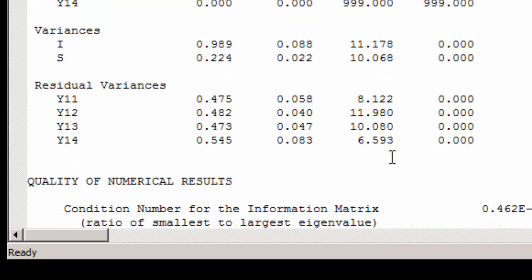And here are the residual variances. So these are the variances of the error terms in the regression of y on I and S. And they look pretty constant over time, although maybe a little bit inflated for the last one.